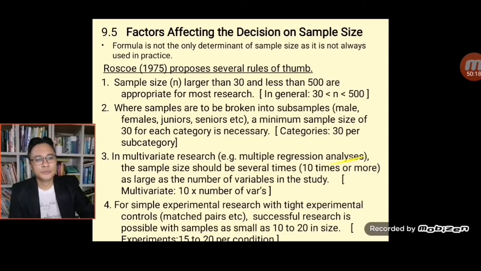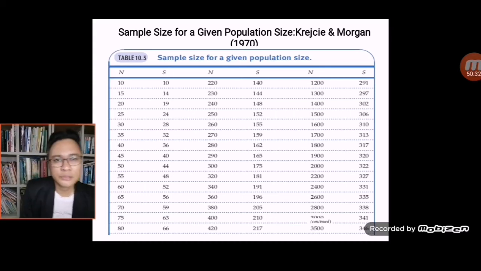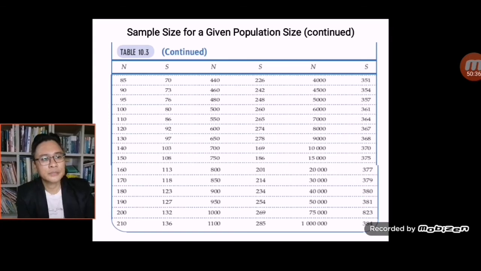Okay, macam tu. Yang ni, this one is Krejcie-Morgan table. You look here, N is the number of population, the S the sample size. Paling tinggi berapa?